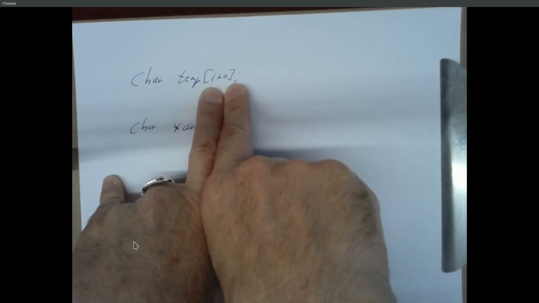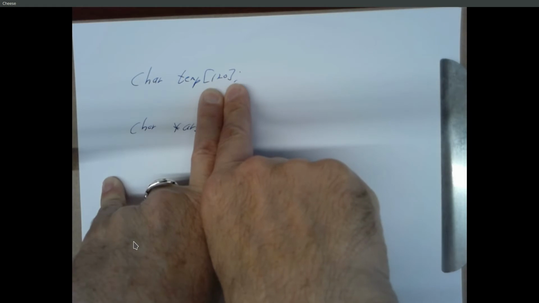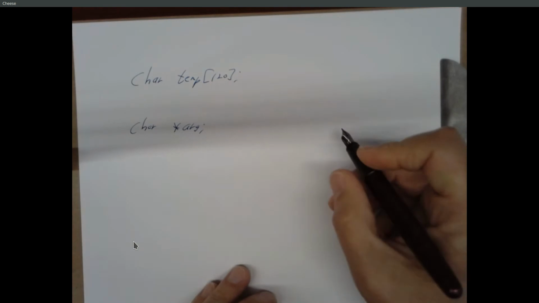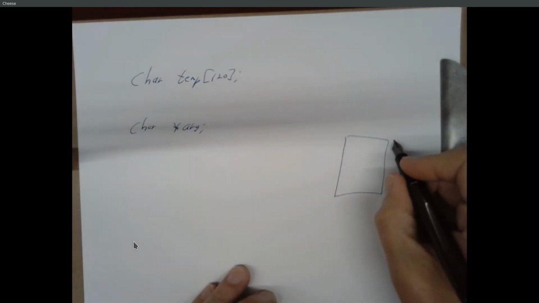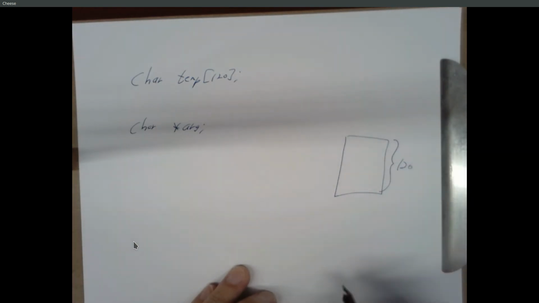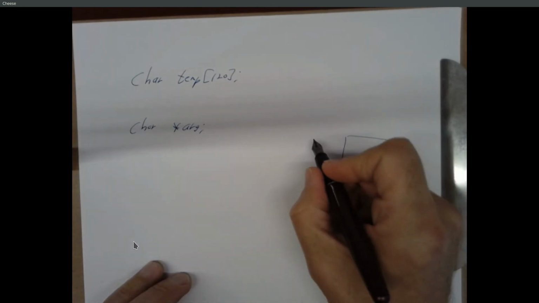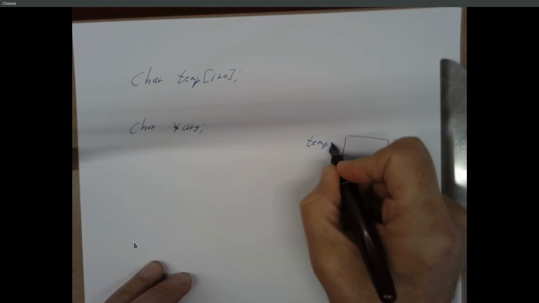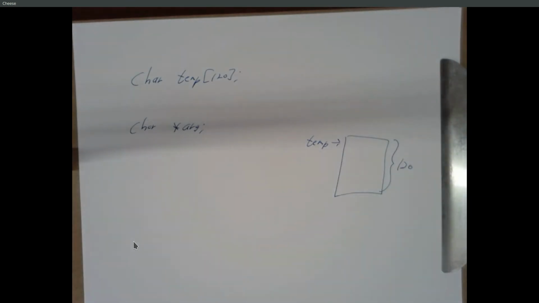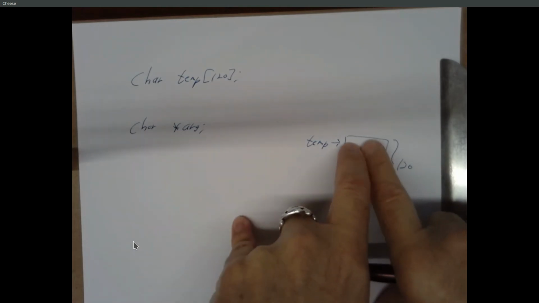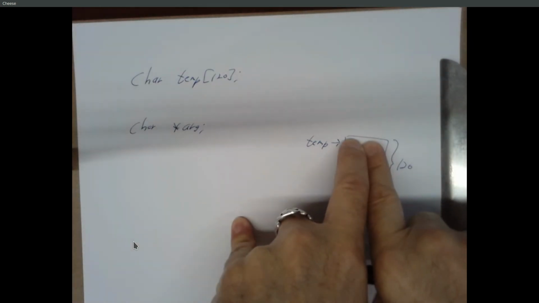So it will find somewhere in memory a spot that's at least got 120 spaces, 120 bytes. And it will take the address of that first byte and say temp is that address. So it finds a chunk of memory and then it sets temp to be equal to the address of the first byte in this chunk of memory.